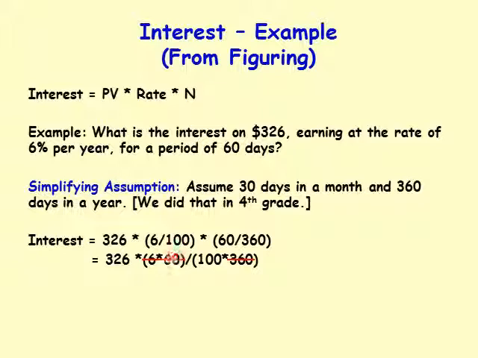We'll divide both the numerator and denominator by 360. That gave me 326 times 1 divided by 100. When you extract a factor of 360 from the numerator, it leaves a 1. And when you extract a factor of 360 from the denominator, it leaves 100. And that is equal to $3.26.